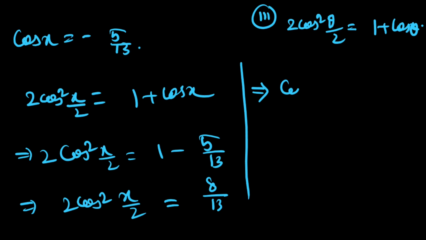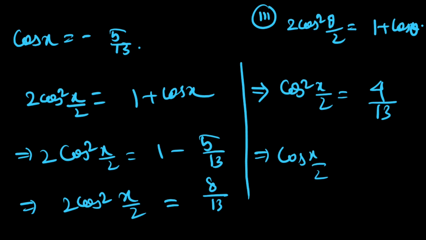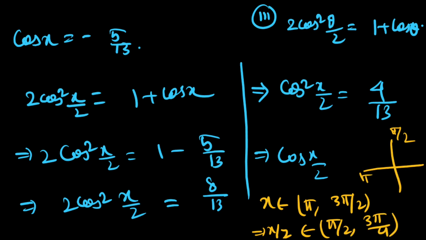Now we find cos x/2. Given that x belongs to pi to 3 pi by 2, this implies x/2 belongs to pi by 2 to 3 pi by 4, that means x/2 belongs to the quadrant pi by 2 to pi, the second quadrant. In the second quadrant cos value is negative, so cos x/2 is negative.